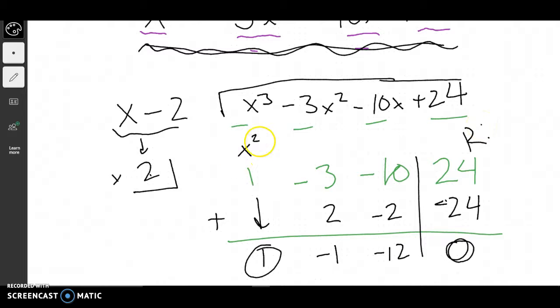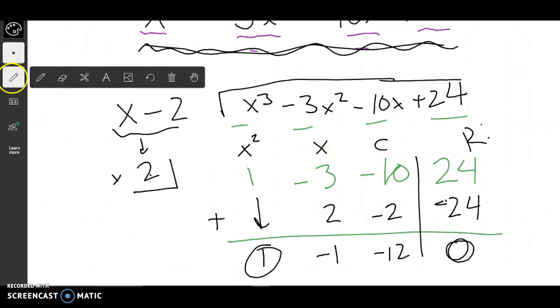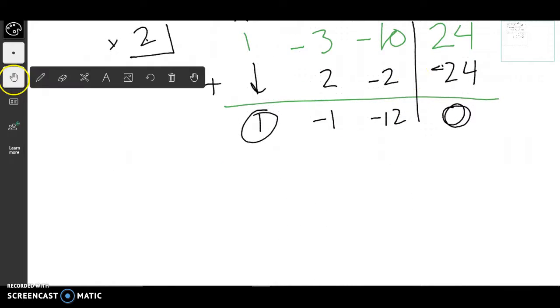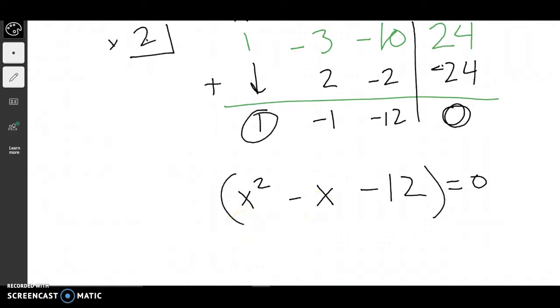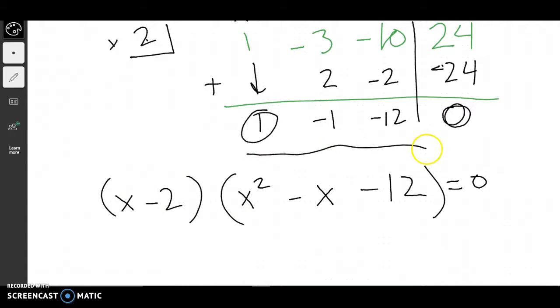So this would be my x squared term, this would be my x term, and this would be my constant. If we wanted to write this, we would have x squared minus x minus 12, and that equals 0. Then we always want to put what we divided it by out front. So we divided it by this, and this was what we got. Now this is going to be pretty easy to find its zeros.